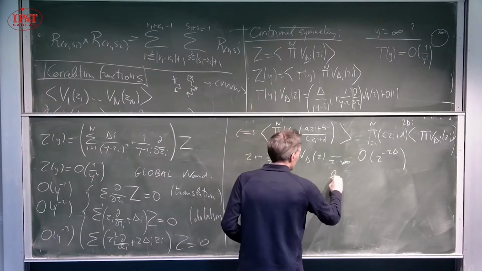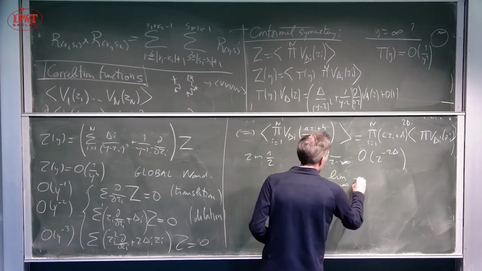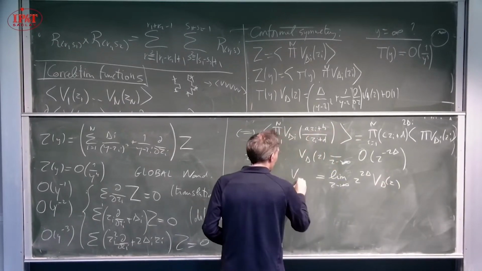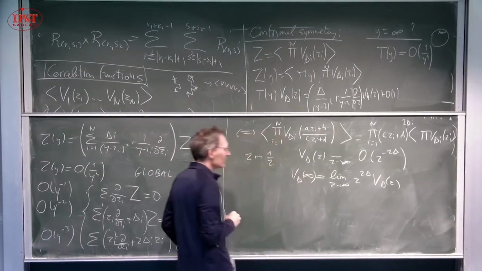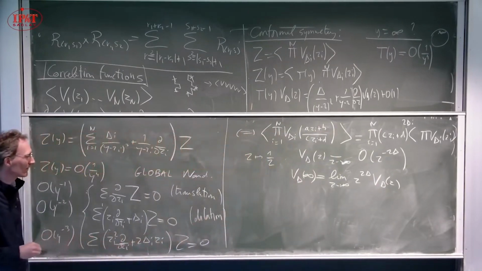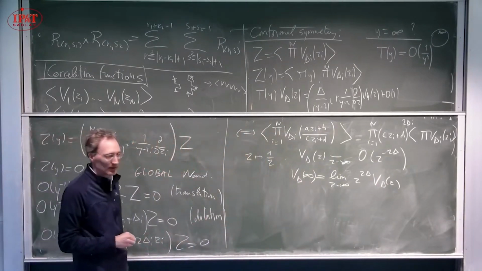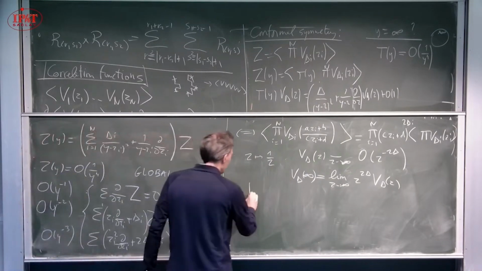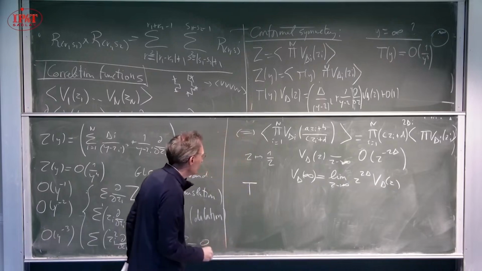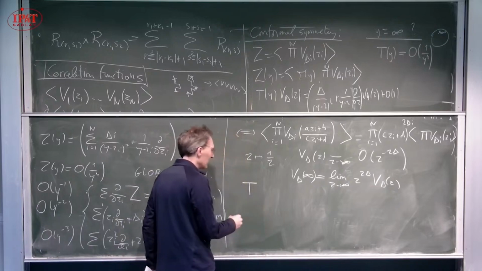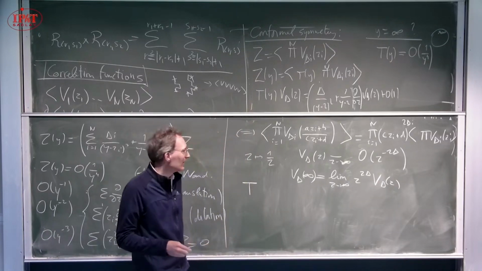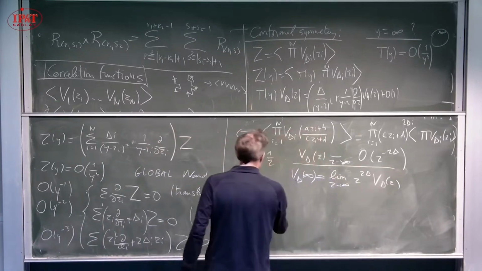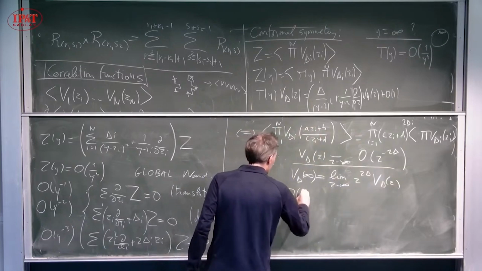Or in other words, you can define the limit of z to the 2 delta V_delta of z, and let's call that V_delta at infinity. And if you apply this indeed to the energy momentum tensor T itself, well, if you remember, T is a field of conformal dimension 2, and therefore, by this equation, we recover T being of order z to the minus 4.